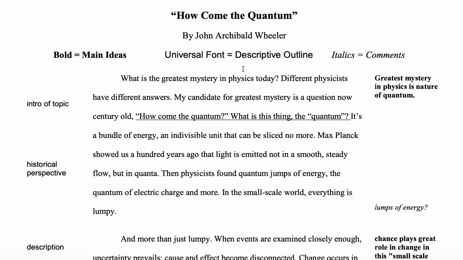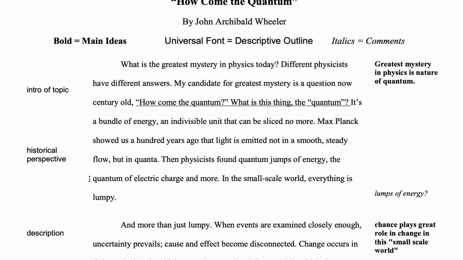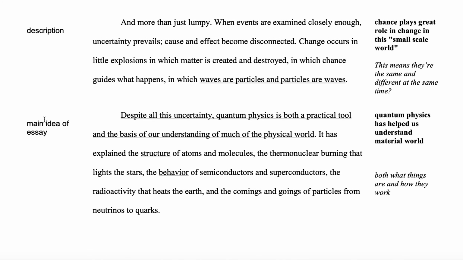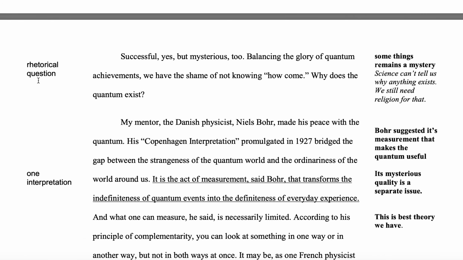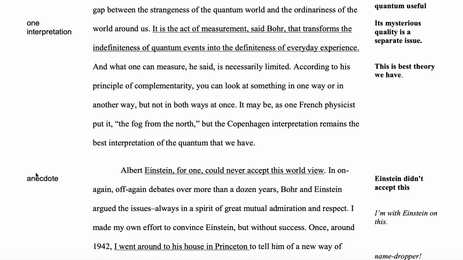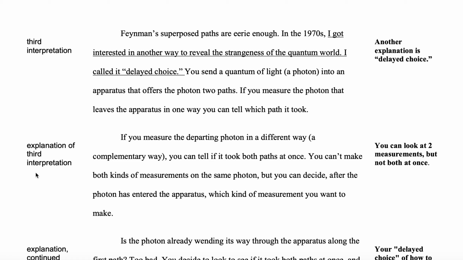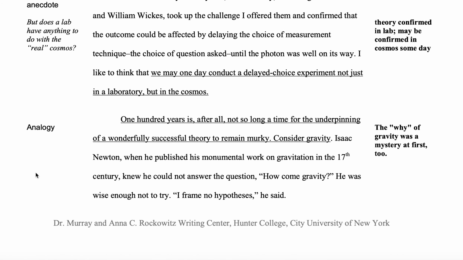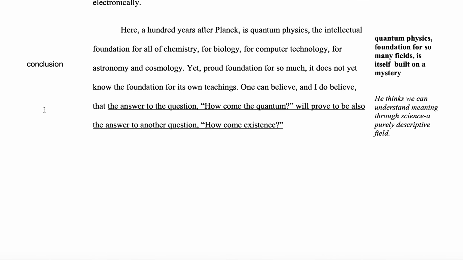So here, with the descriptive outline, this says introduction of topic over here, historical perspective, description, main idea of essay, which is underlined, rhetorical question, one interpretation, anecdote, second interpretation, third interpretation, explanation, and analogy. Okay, development of analogy, speculation, and conclusion.